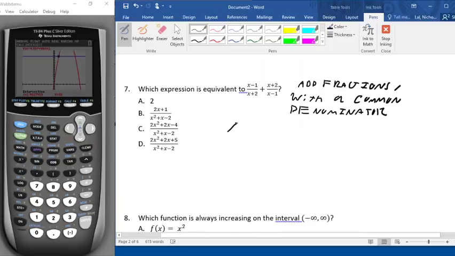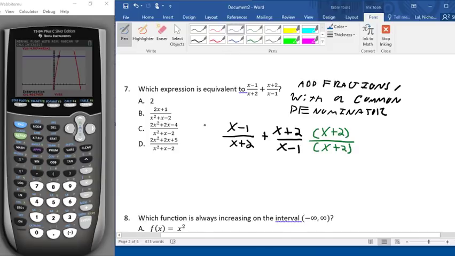So you will have x minus 1 over x plus 2 plus x plus 2 over x minus 1. And the goal here is to multiply by the other denominator, so you end up with the same denominator. If you multiply by the other denominator over itself, you're still keeping the rational function equivalent. So you multiply this by x plus 2 over x plus 2.